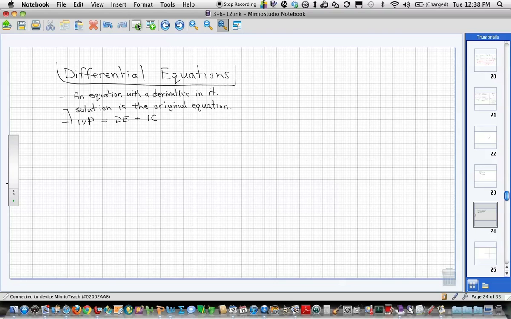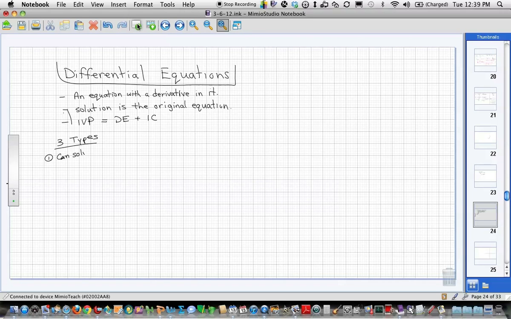Because when we find our original equation, it often involves some sort of antiderivative and there's some sort of plus C involved in it. All right, then we also talked about 3 types. Now this is my definition of 3 types. There are a lot of types of differential equations that you would study in a differential equations course, but I identified them this way.